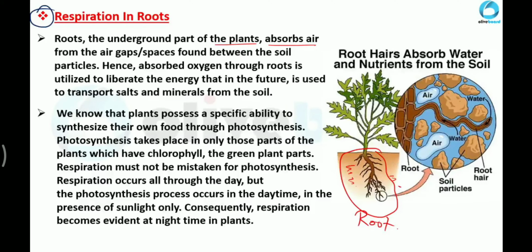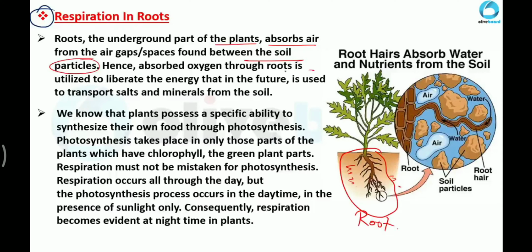From that air present in these gaps, the root hair of the plant root absorbs oxygen and releases carbon dioxide in the soil. Clear? So roots absorb air from air gaps found between the soil particles.